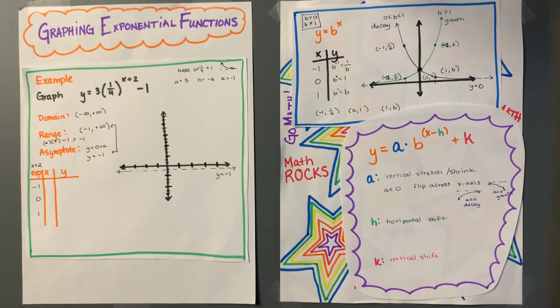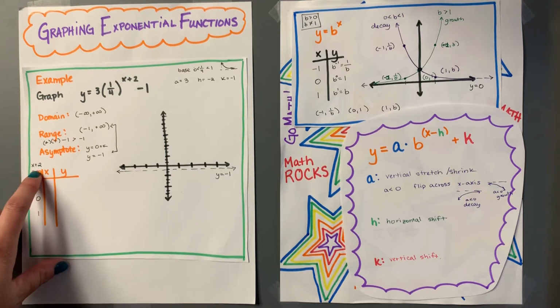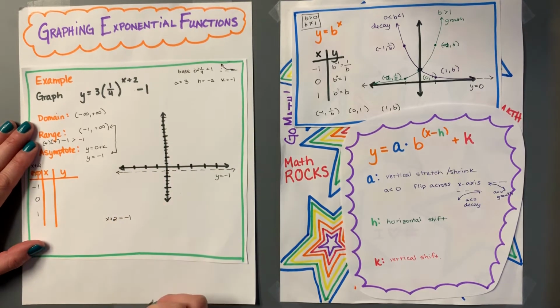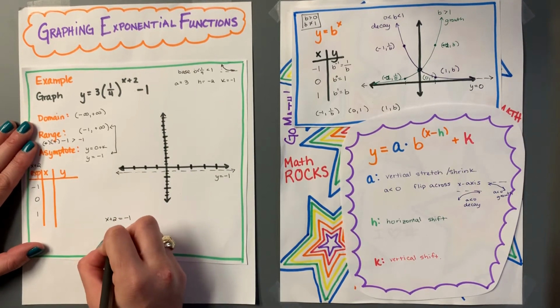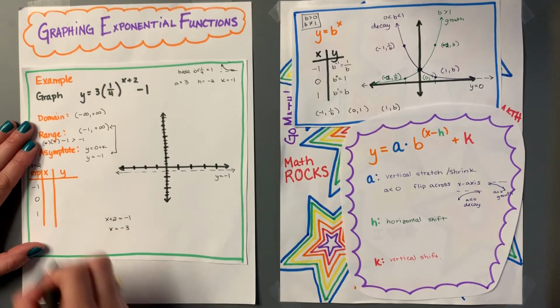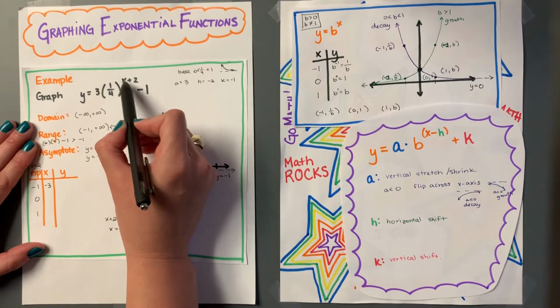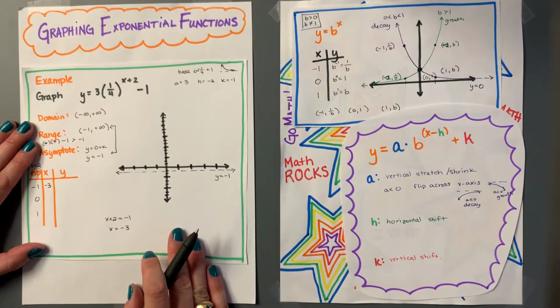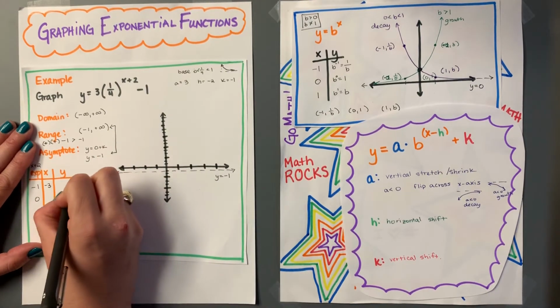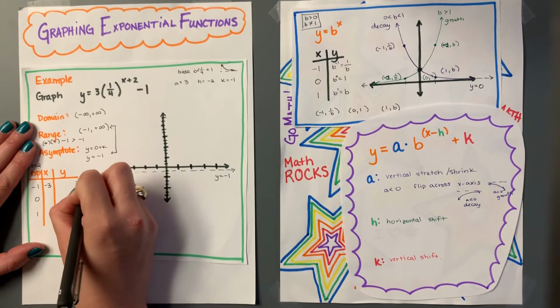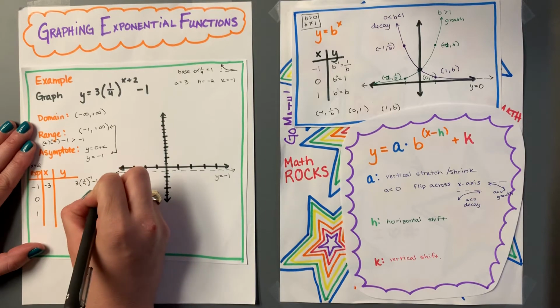So I'm thinking to myself, what value of x should I plug in to make x plus 2 equal to -1? Solving this, I should plug in -3. If I plug -3 in here, -3 plus 2 is -1. So that gives me 3 times 1/4 raised to the -1, minus 1.